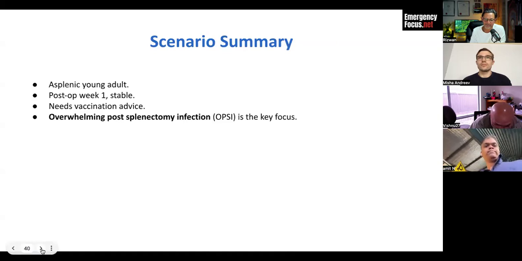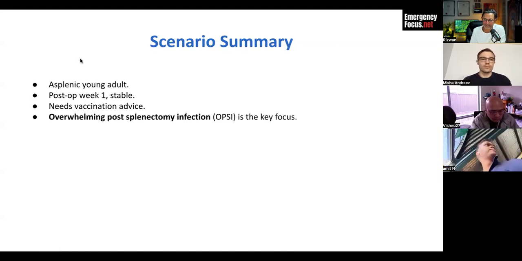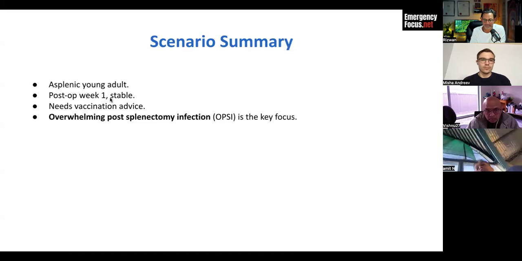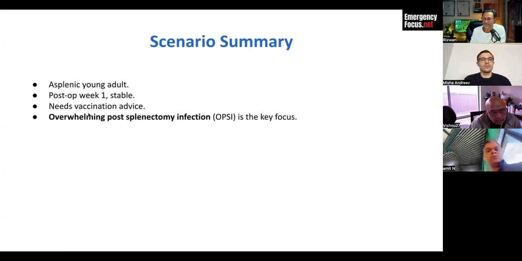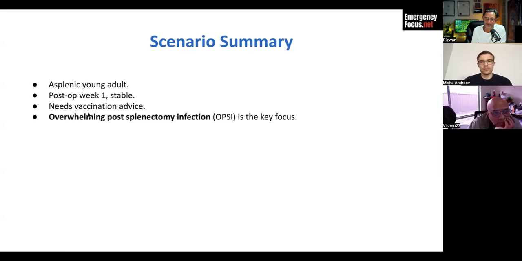So again, summary-wise: asplenic, generally well, stable, post-op infection, post-op wound care, preventing localized infection, and obviously concern about overwhelming post-splenectomy infection, then talking about the vaccination. I think it's relatively simple and self-explanatory.